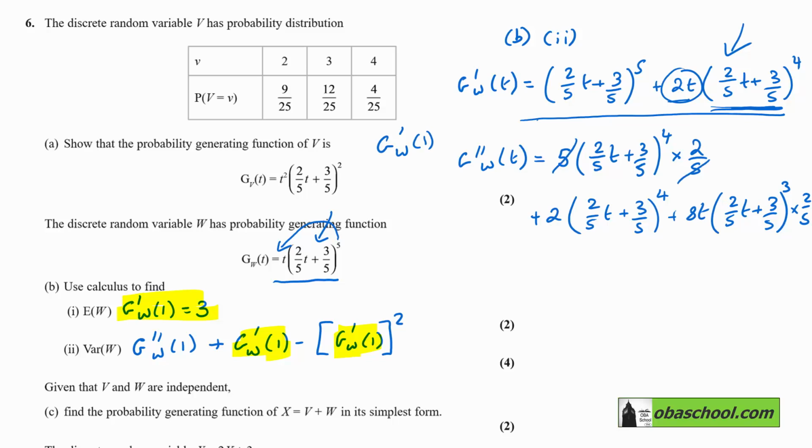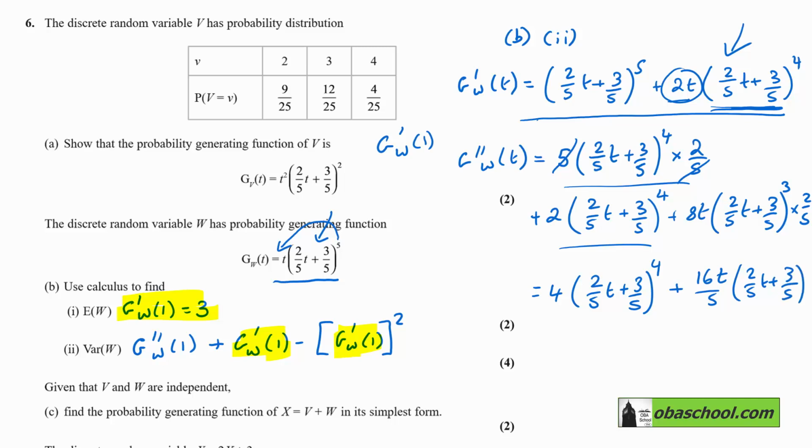And we've got a little bit of simplification here. And so these two terms together become 4 (2/5 t plus 3/5) to the 4. And then we're going to have 16t over 5 (2/5 t plus 3/5) cubed.